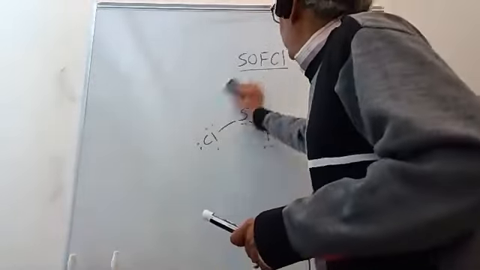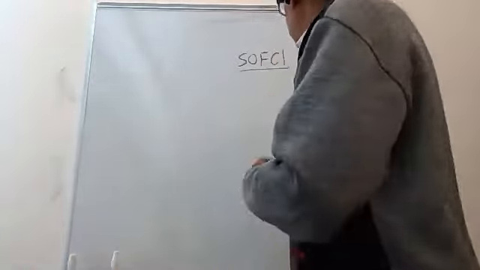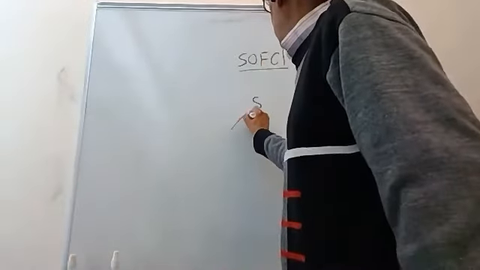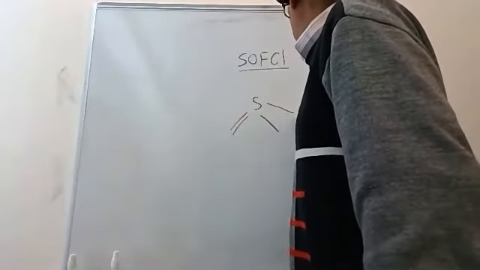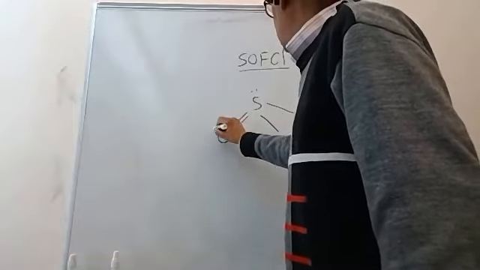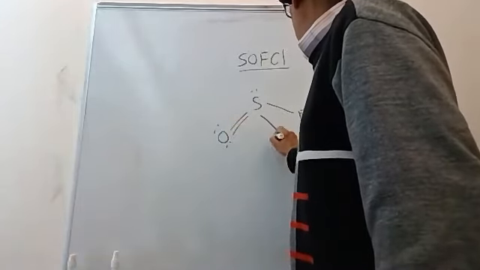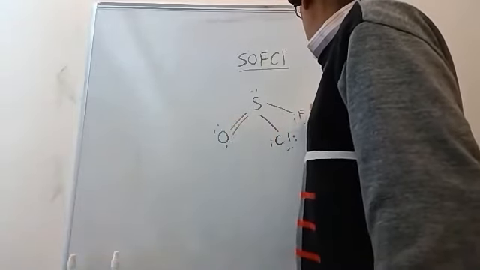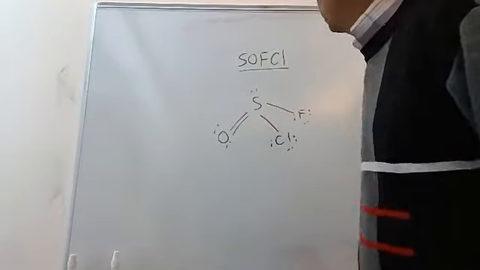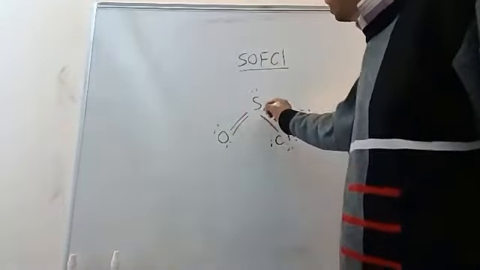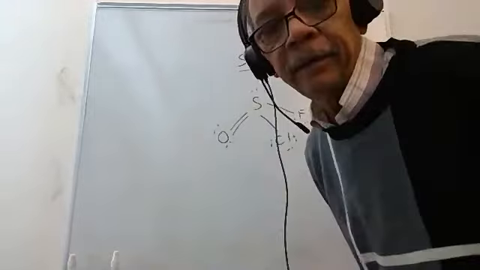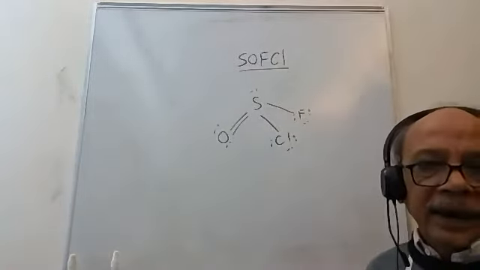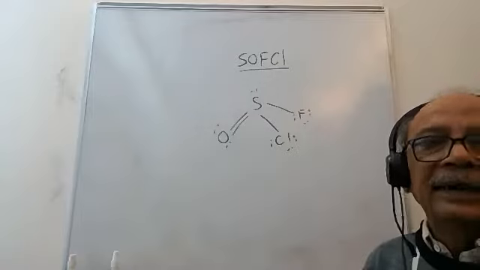So we will have now a structure with sulfur, that's the trigonal pyramidal geometry, just like ammonia. It's like a tetrahedron without the stem, right?